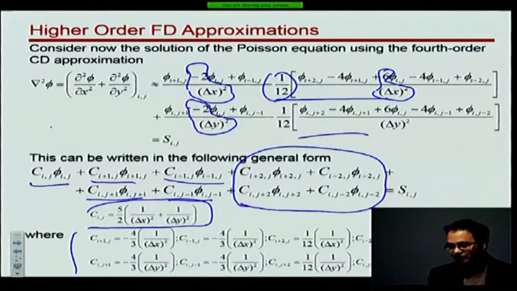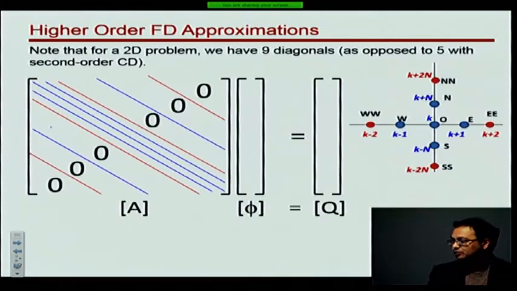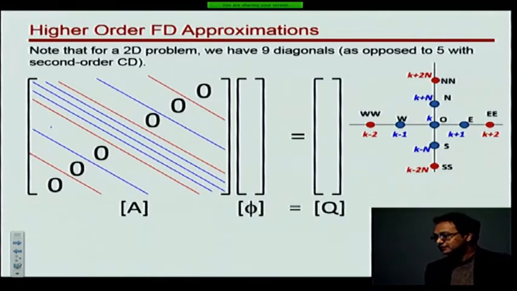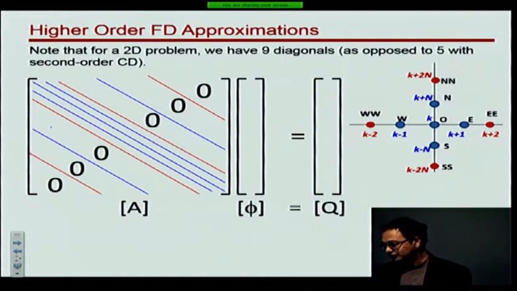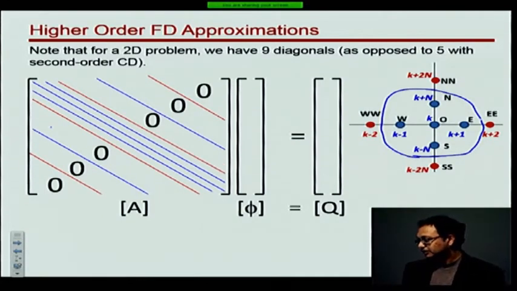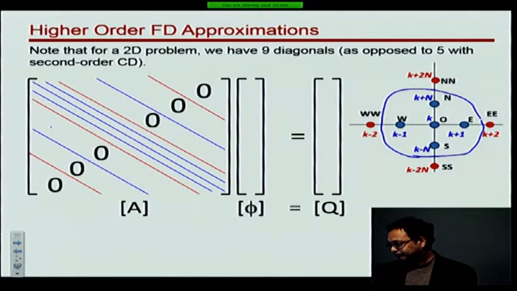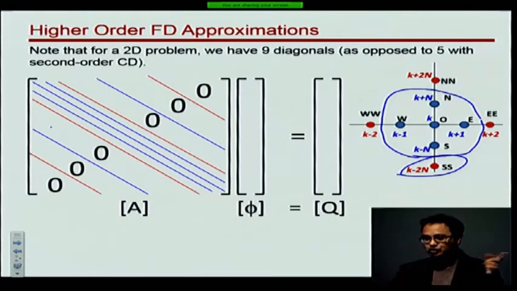And this is what the matrix would look like. The blue diagonals correspond to the inner core that you've been using, and then the red nodes here, which are extensions of your stencil, correspond to the red diagonals.